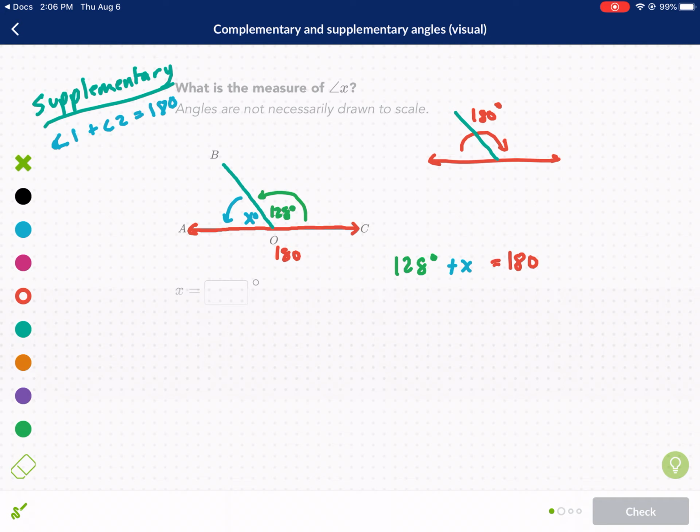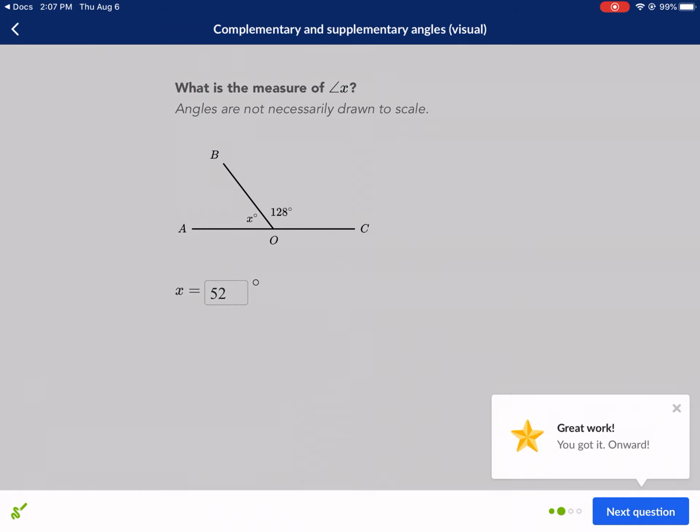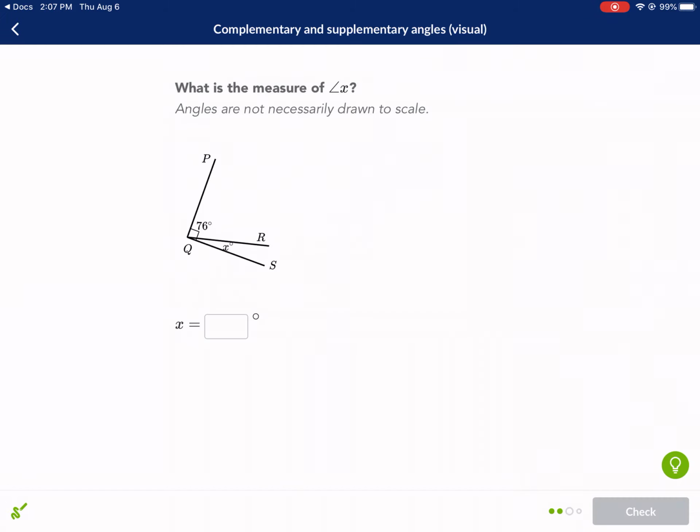How do we figure out what x is? We can subtract 128 from both sides. Okay, and upon doing so, we are going to get 52. So we get 52 equals x, and that's 52 degrees. 52 plus 128 gives us 180. On to the next problem.